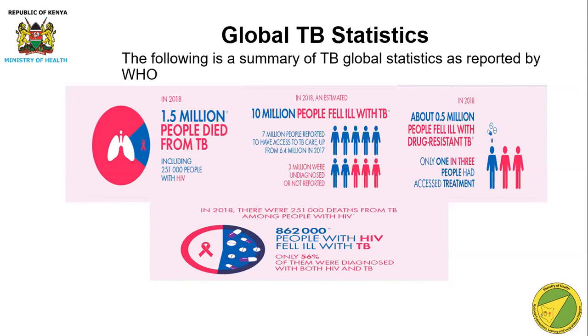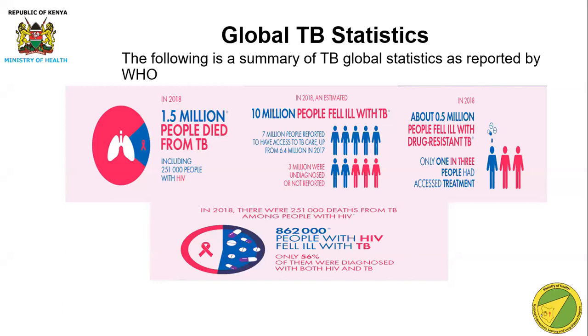As you can see, out of 1.5 million, only 250,000 were people with HIV. As long as TB patients have access to HIV treatment, the ART, their survival potential is as good as those with TB but without HIV, as this report indicates.